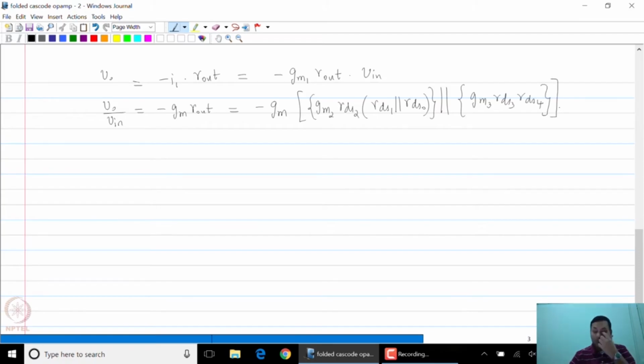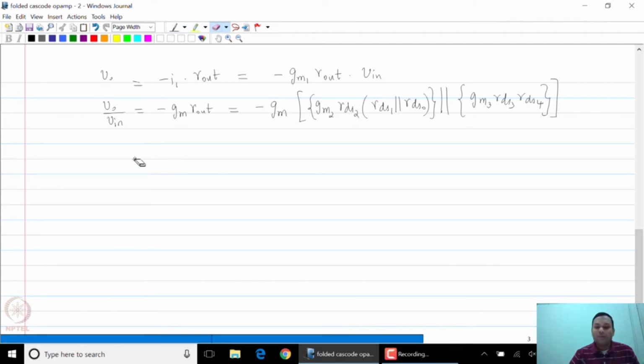So this is the expression for the small signal gain of this particular folded cascode structure, and this will give you a slightly lesser gain compared to the regular cascode, but this is still larger than the simple common source structure that you would have seen before.